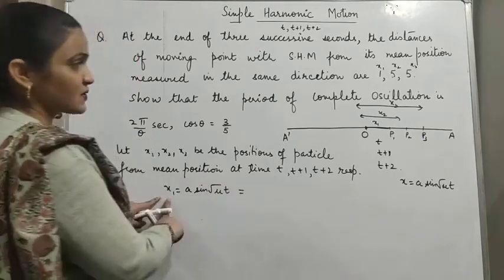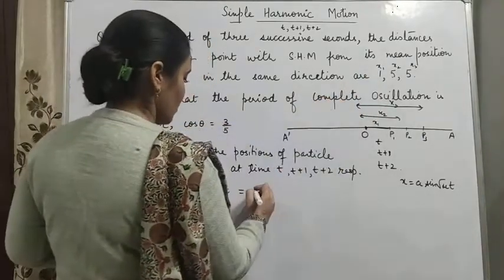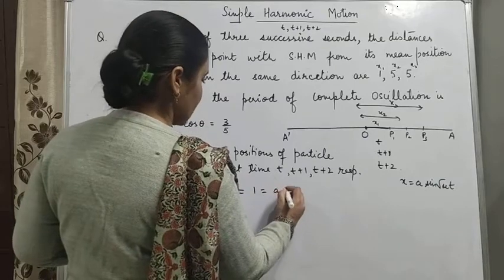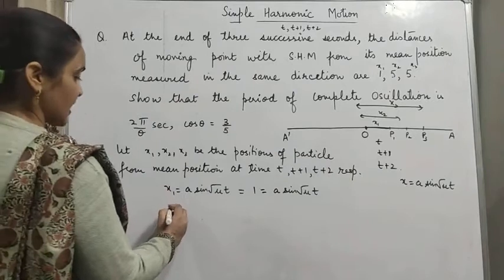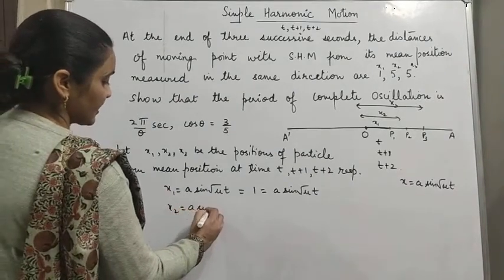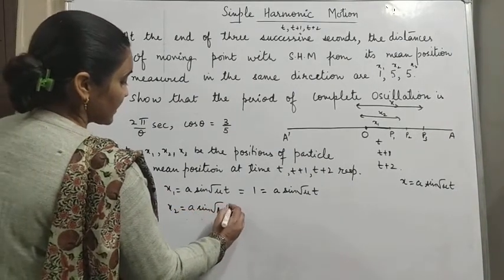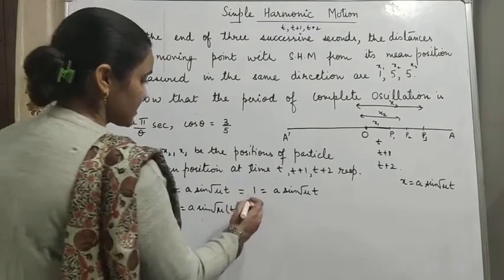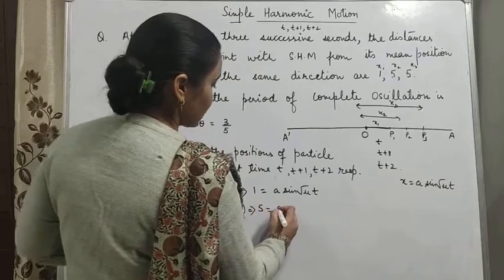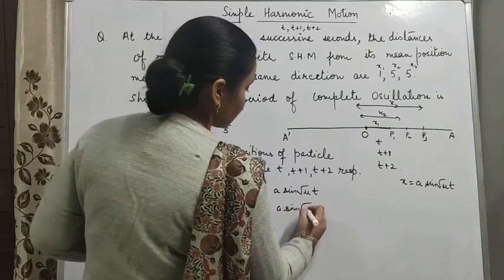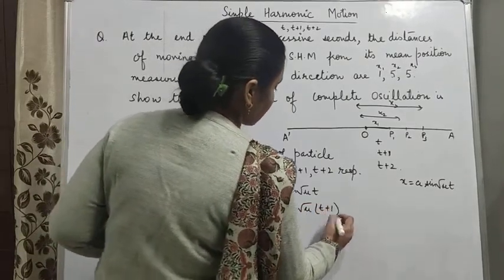But what is x1? It is 1. So 1 is equal to a sine √μ t. Next x2 is equal to a sine √μ (t plus 1), which implies x2 कितना है, 5, is equal to a sine √μ (t plus 1).